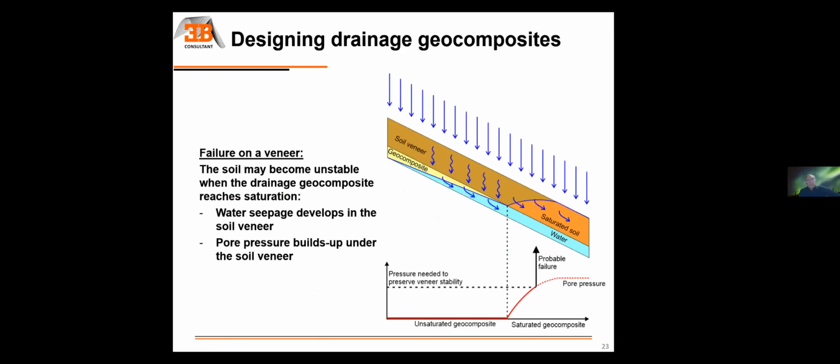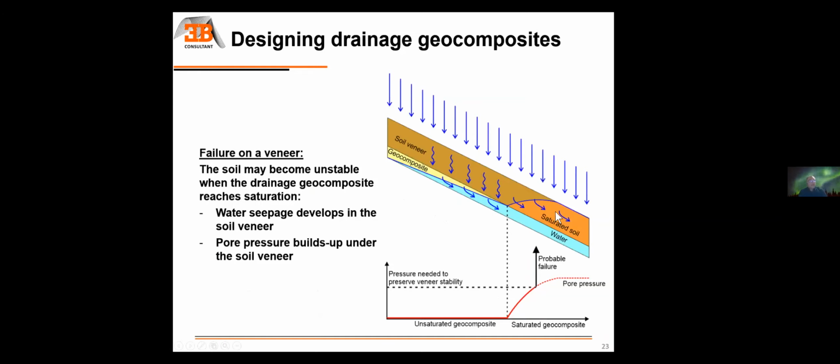When you don't meet these criteria, what happens is that the geocomposite gets saturated, it has reached its full capacity at some point, and then you start to have some water percolating into the soil.